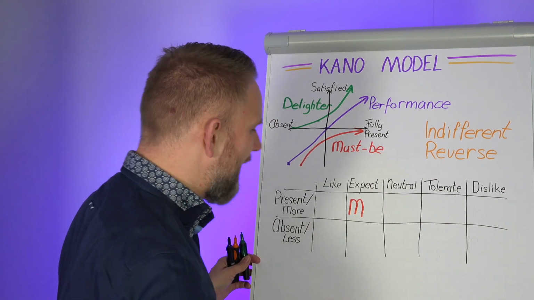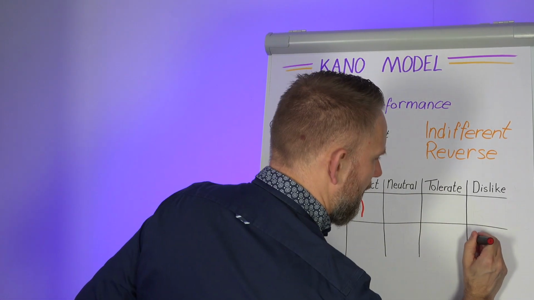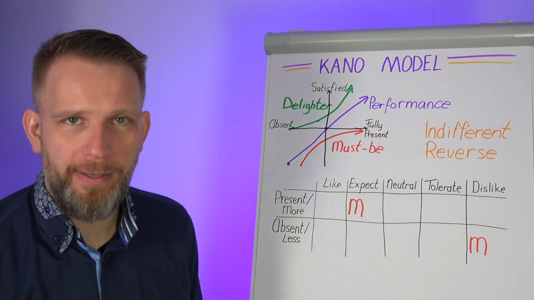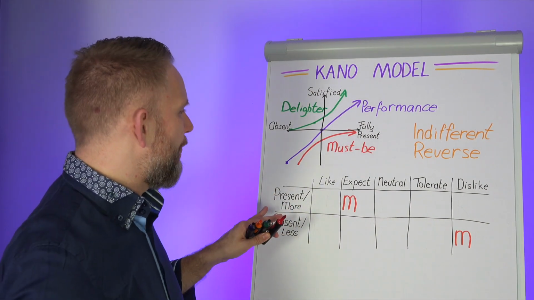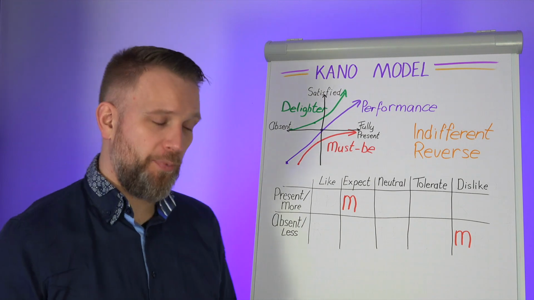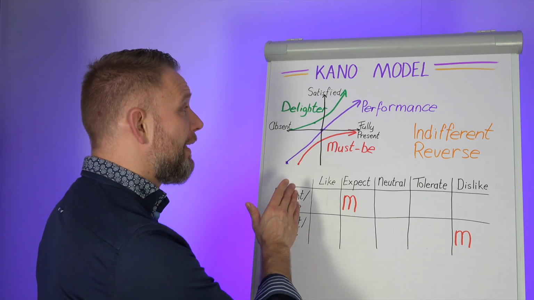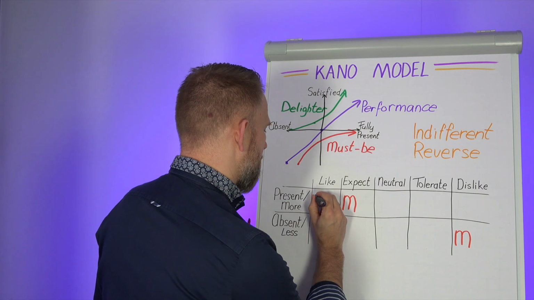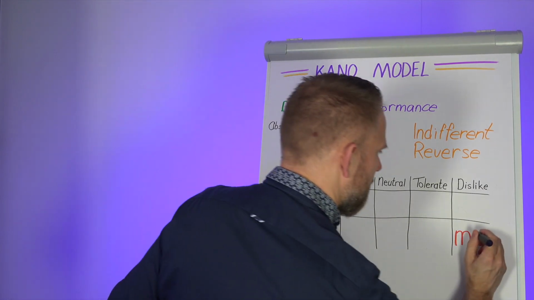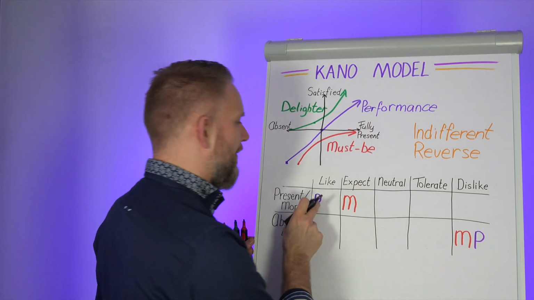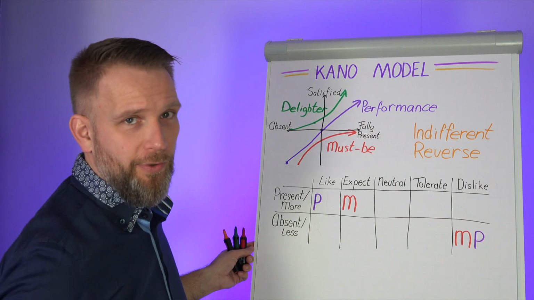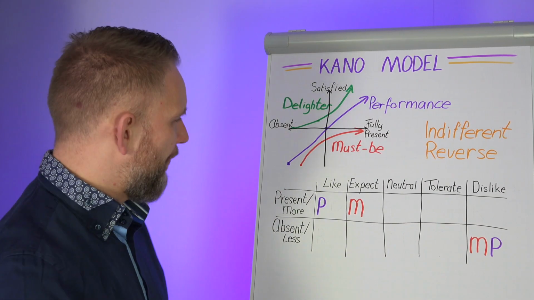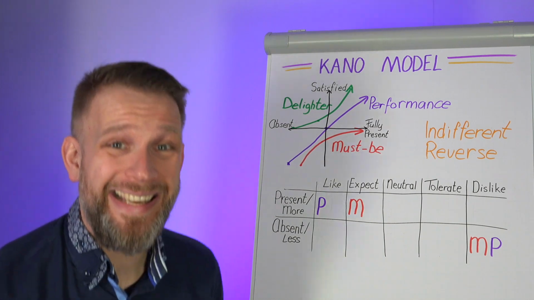and we would really dislike it if it is absent, then we have a must-be characteristic. If we have something that if it is present, I like it, if it is not present, I dislike it, we have a performance characteristic. A delighter would be something that if it's there, I like it.